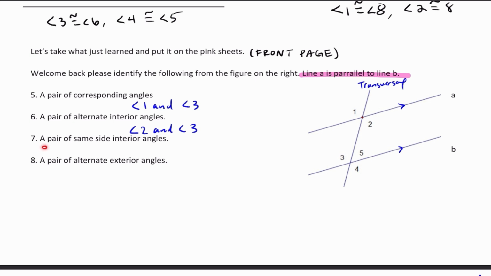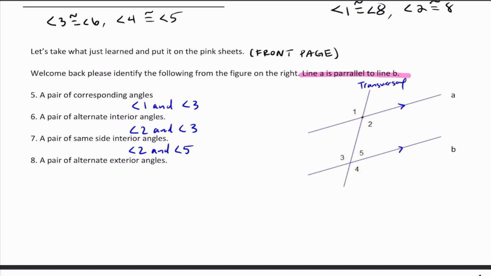Number 7, a pair of same side interior angles. So we're going to be looking at interior angles, and they need to be on the same side of the transversal. 2 and 5 are interior angles, and they are on the same side of the transversal. So angles 2 and 5 are same side interior angles.